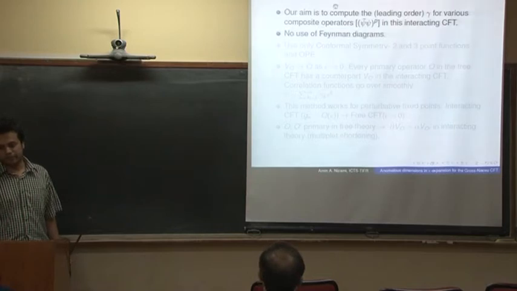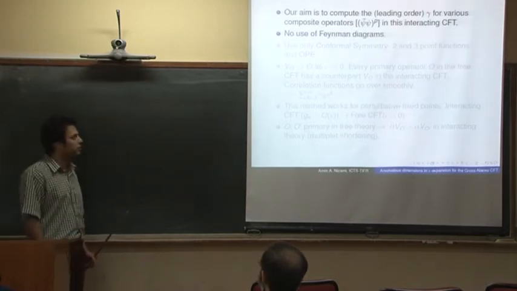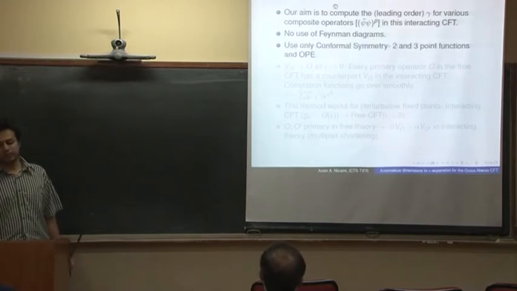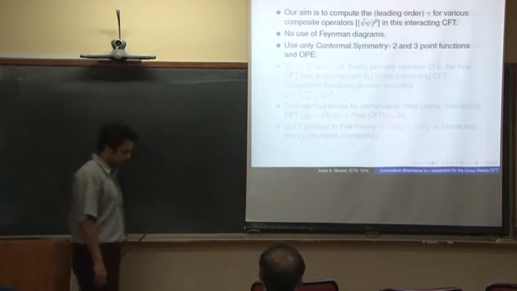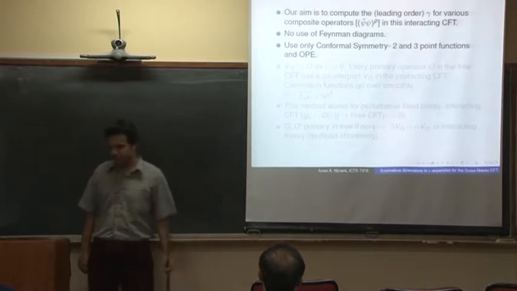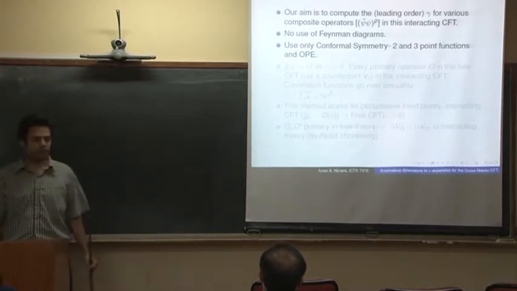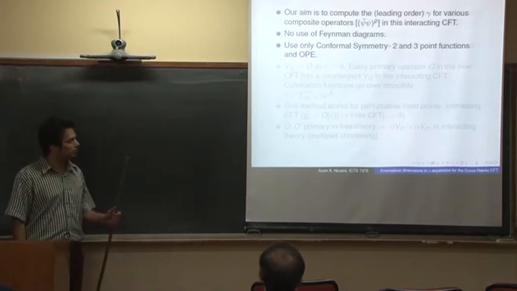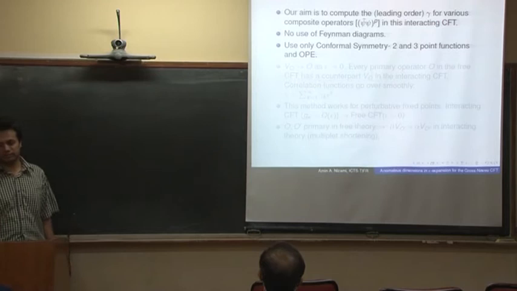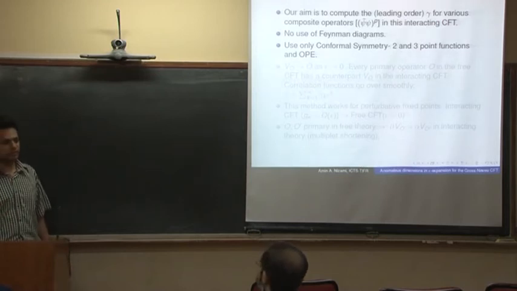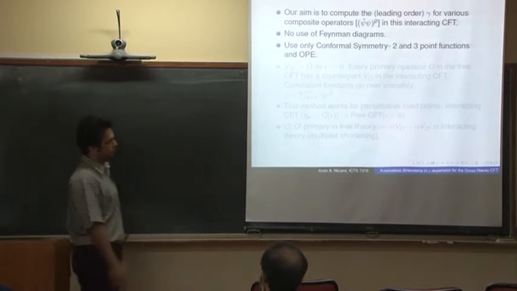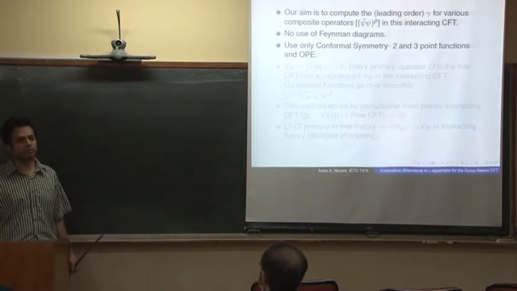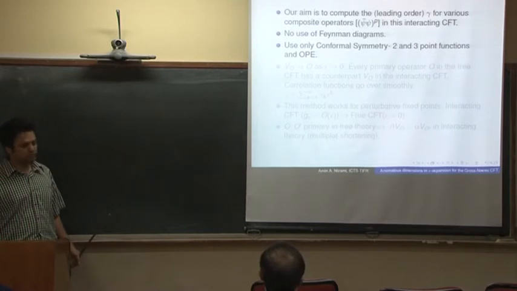So as I already alluded to, you don't use Feynman diagrams for computing this. We'll use conformal symmetry, and so mainly just 2 and 3 point functions in the theory and the operator product expansion. At this point, let me just mention that, of course, with conformal symmetry there's much more to it. If you use the full power of the OPE, then you also have OPE associativity and bootstrap and all that, and all that is relevant here.